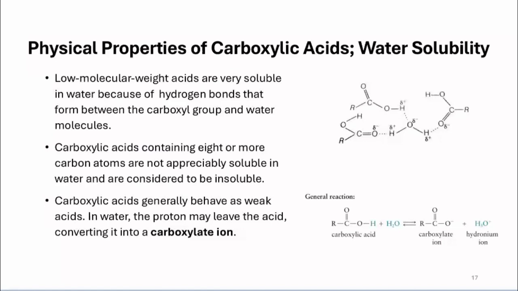Now, carboxylic acids that contain 8 or more carbon atoms are not soluble in water. As I've explained before, one of the reasons is that now you have a lot of non-polar character in the molecule, since you have a high number of carbon and hydrogen bonds in the molecule itself.